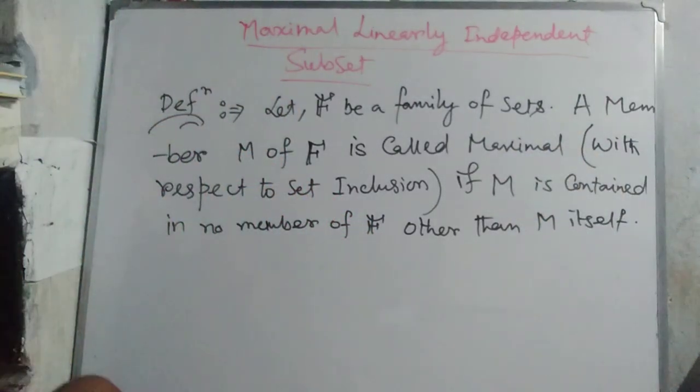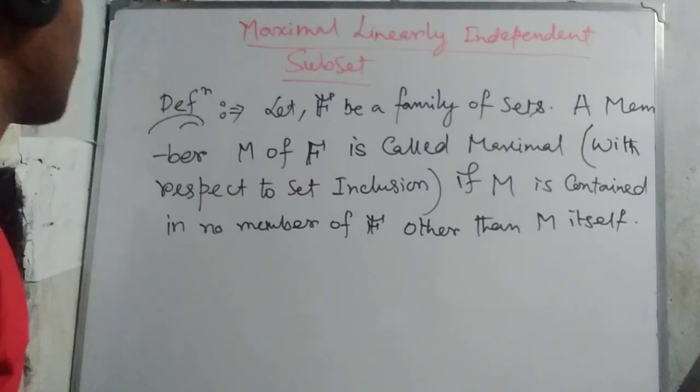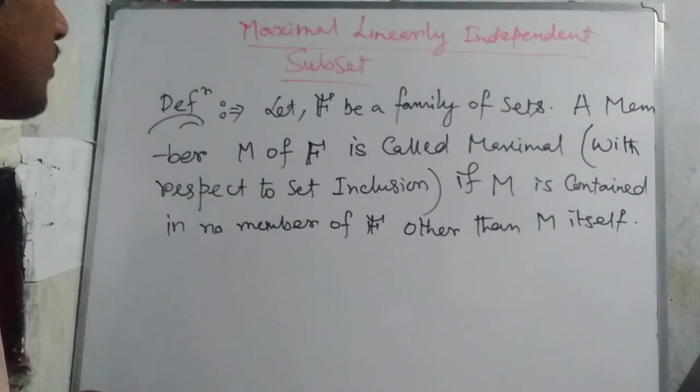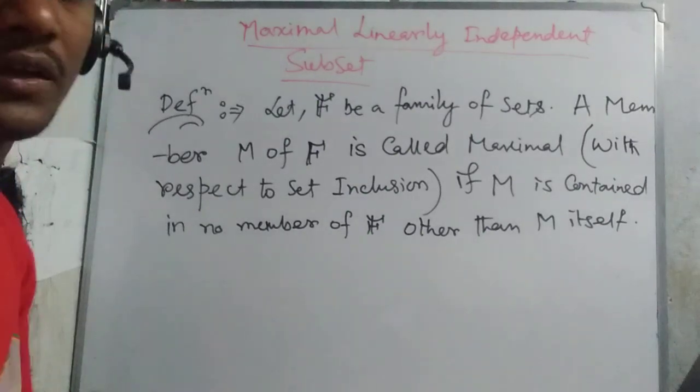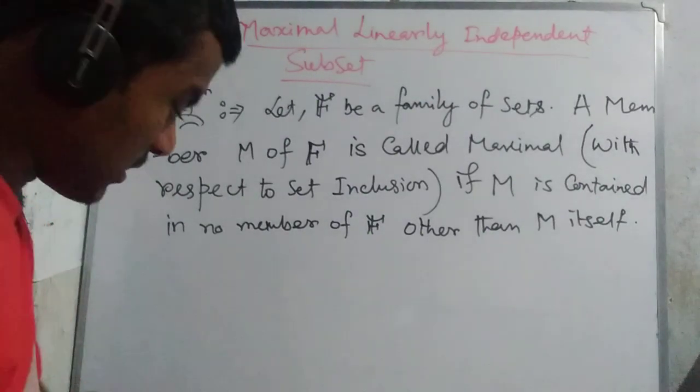Understood? That means: let F be a family of sets. A member M of F is called maximal if M is contained in no member of F other than M itself. Understood?